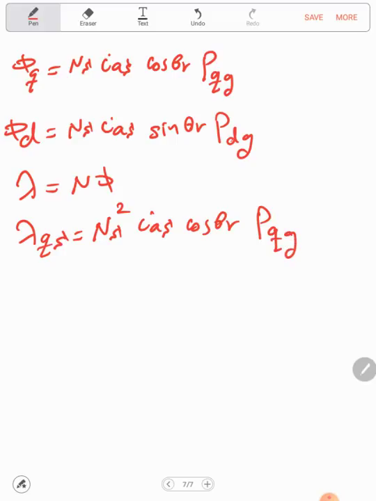The same thing here, if I need to write the flux linkage along the d axis, this will equal NS square IAS sine theta r multiplied by the permeance along the d of the gap.